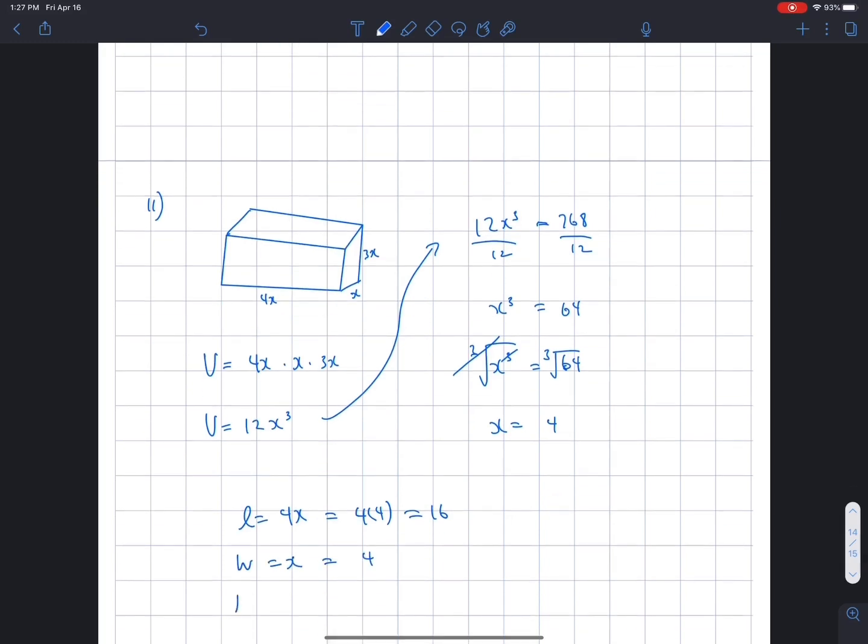And then finally, the height is 3x, so it will be 3 times 4, which is 12. Therefore, the dimensions are 4 centimeters by 12 centimeters by 16 centimeters. That would be the answer.